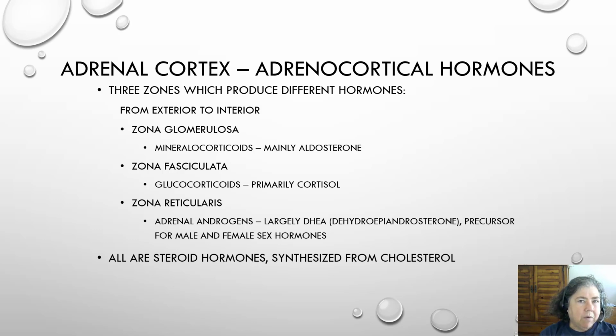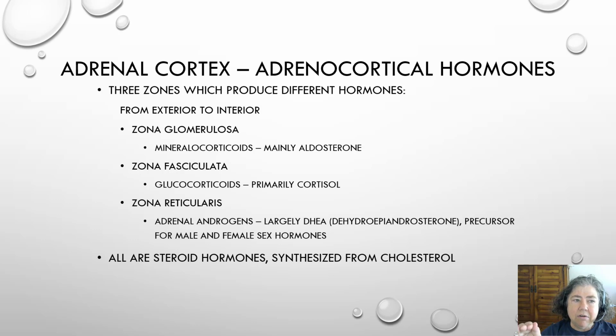You don't have to memorize that, but you do need to know about the 3 kinds of adrenal corticosteroids, adrenocortical hormones that are made in the adrenal cortex. Don't get your cortex and your medulla mixed up. All of these are steroid hormones. They're all based on cholesterol.